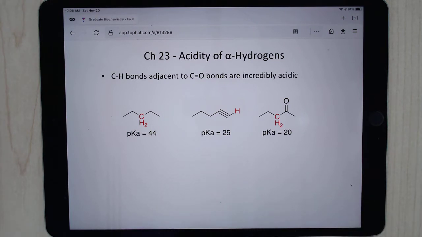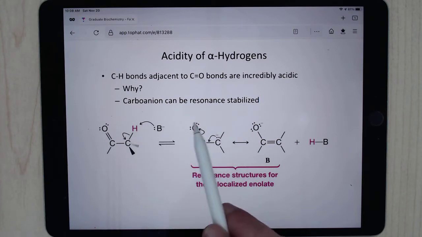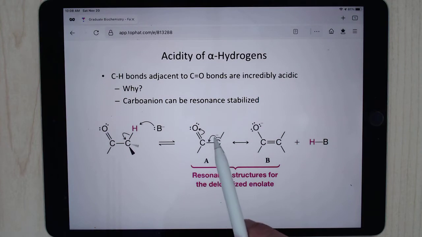because remember each unit of pKa is a factor of 10. Okay? And so we can do that because if you remove this with a base, you can get resonance stabilization for here, right? This lone pair can come down here to make a new double bond.